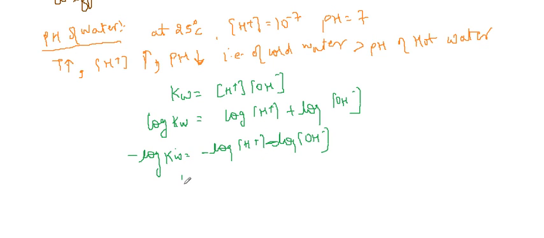So pKw equals pH plus pOH. This is the ionic constant of water. At 25 degrees Celsius, pKw equals 14.